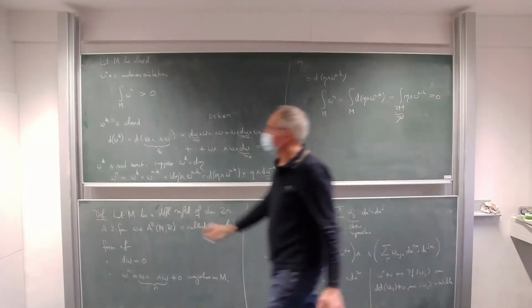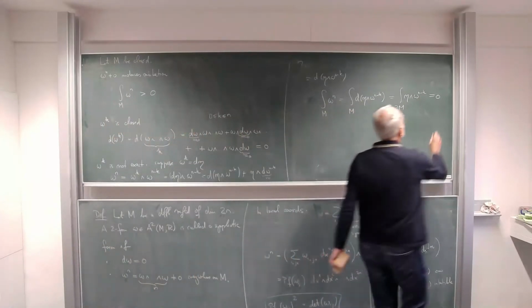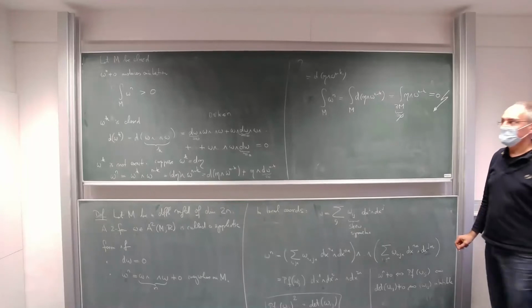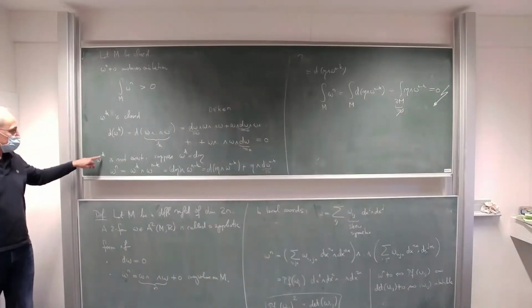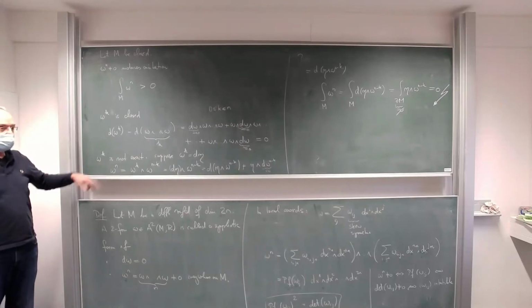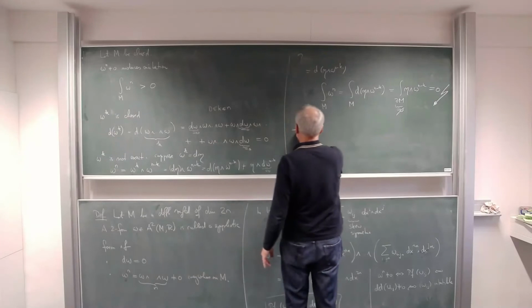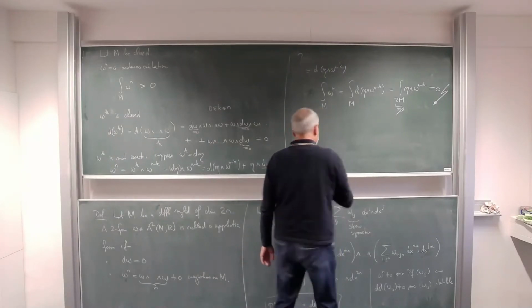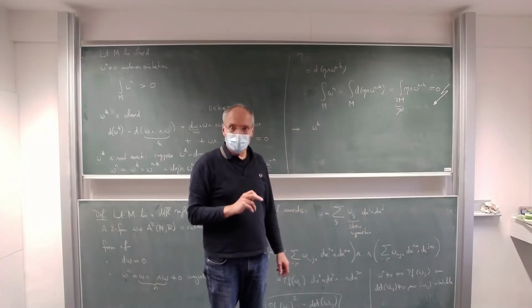But on the other hand, I get something positive. So it's a contradiction. So this is a contradiction to the assumption that the k-th power of omega is exact. So it's not exact. Okay, so all powers of my symplectic form are closed but not exact, so they represent a non-trivial cohomology class.